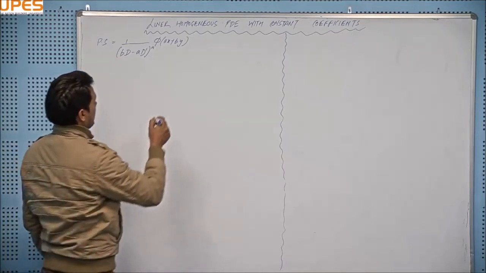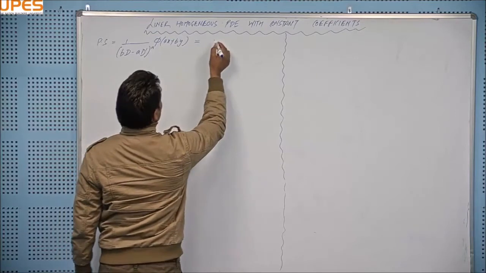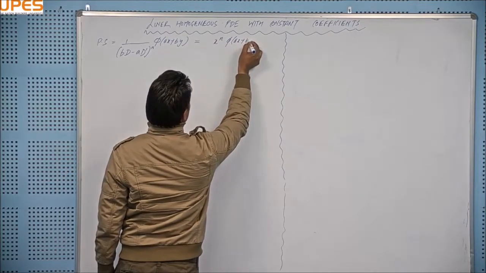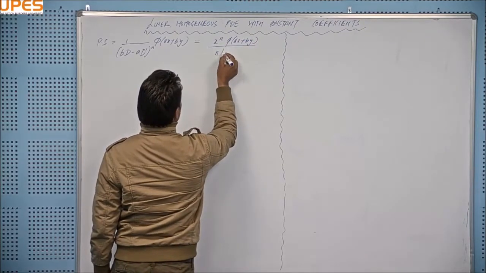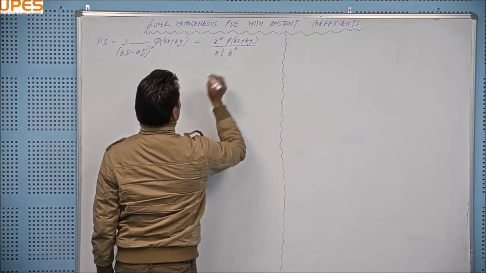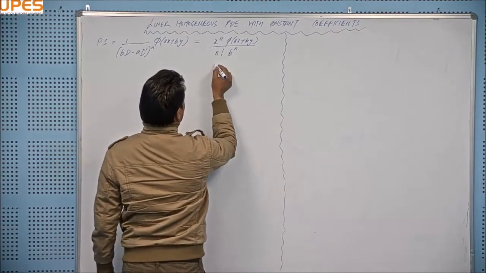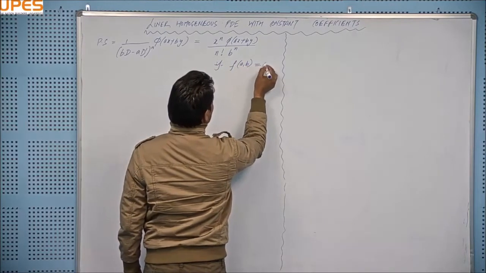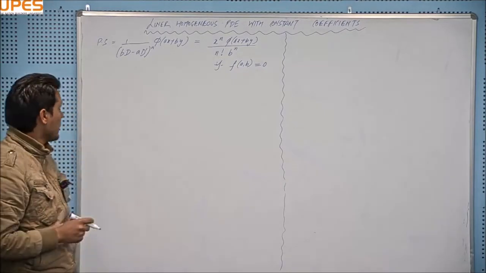And the result was x to the power n phi(ax + by) upon n factorial multiplied by b to the power n, for the case if f(a, b) is equal to 0. So this was the formula we derived in our last video.